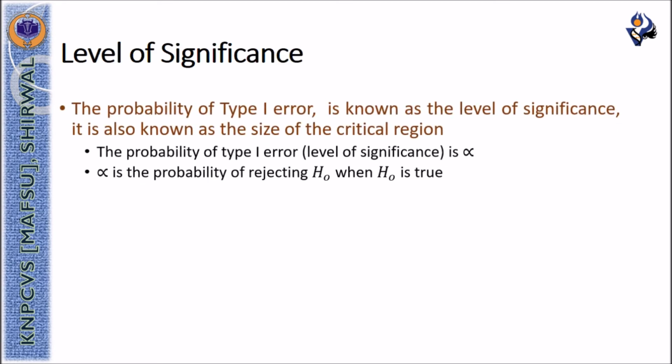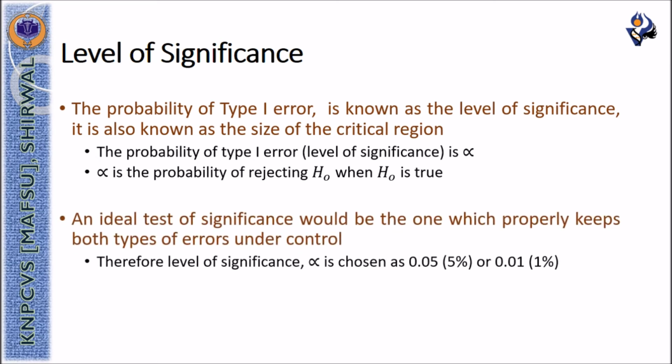The probability of type 1 error is known as the level of significance. It is also known as the size of the critical region. The probability of type 1 error is alpha. Alpha is the probability of rejecting null hypothesis when null hypothesis is true.